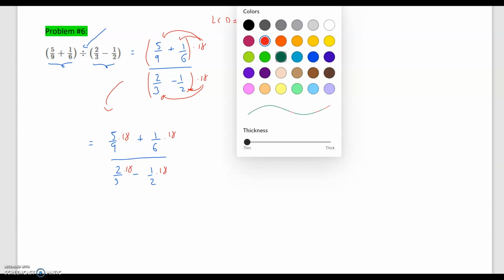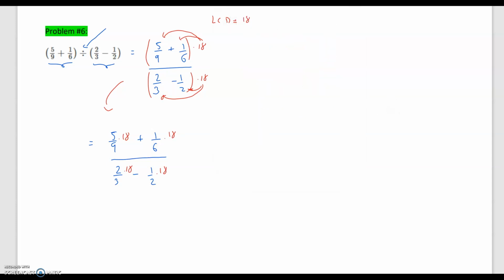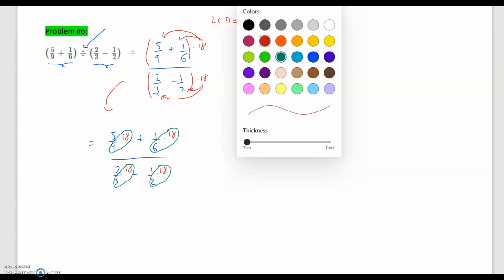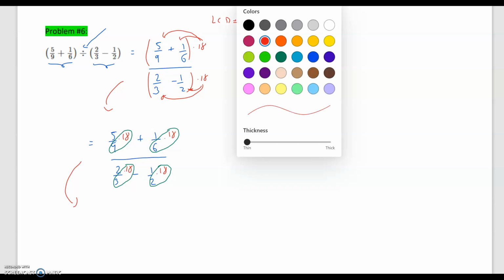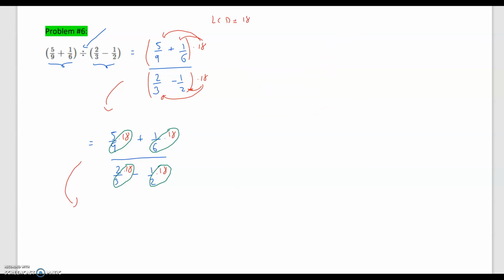Now, careful on the next step, because notice what I'm doing here. I'm pairing up all the values that are going to be divisible among integers. And this is because we're multiplying by the LCD. So the LCD on a complex fraction, if you multiply top and bottom, is going to cancel the fractions on the top and the bottom.